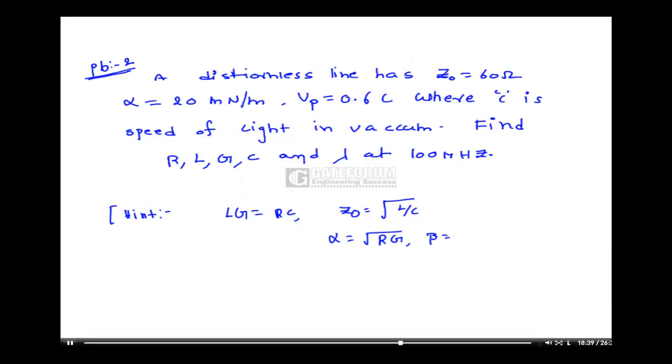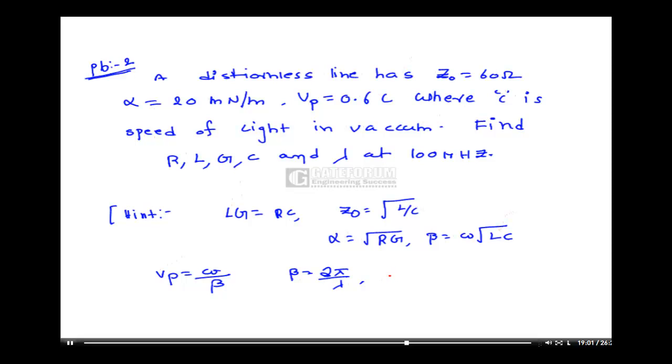Beta is equal to omega into root LC. Phase velocity is equal to omega by beta. Beta is equal to 2 pi by lambda also. This also you can relate like this.